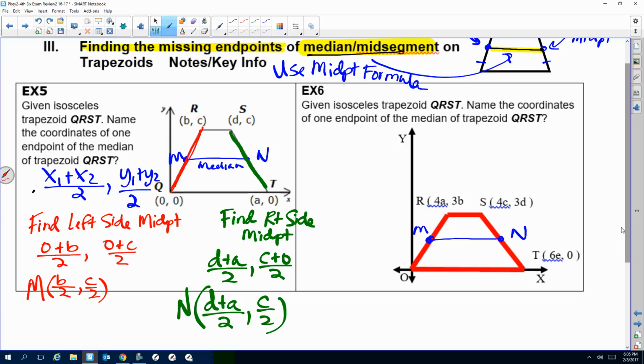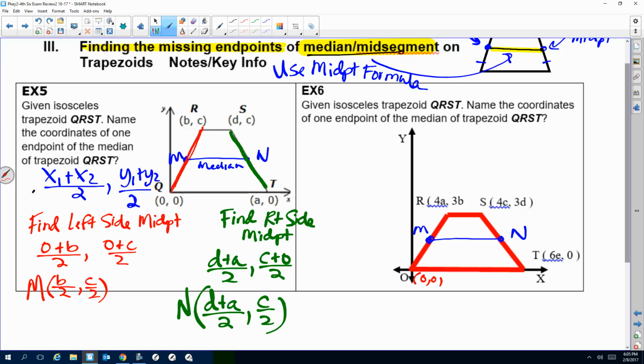So let's try this again. See how I went ahead and drew the midpoint? It says name the coordinates of one endpoint of the median of the trapezoid. So we're going to start with the left side first. And we're going to find that midpoint by adding. This O right here is 0, 0.